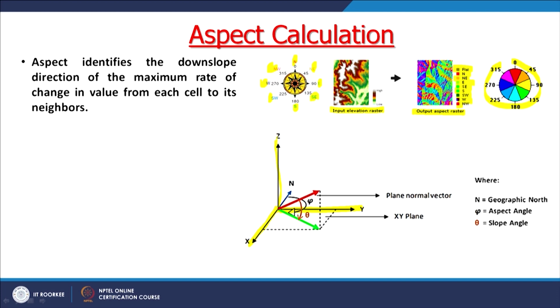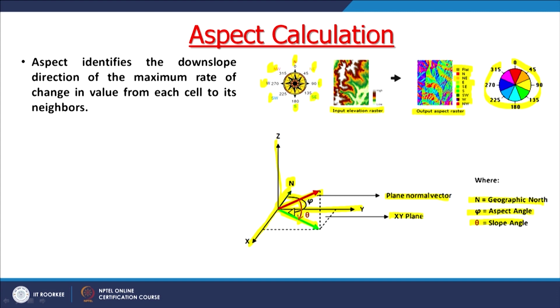The angle between the plane normal vector and the z axis, that is theta, is the slope. Now with reference to the north, the angle to this green line on the sloping surface, that becomes our aspect, that phi angle, and north you have already seen.